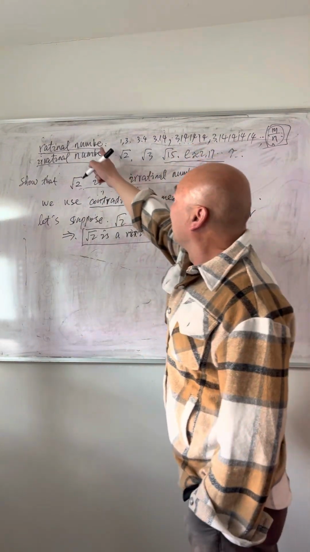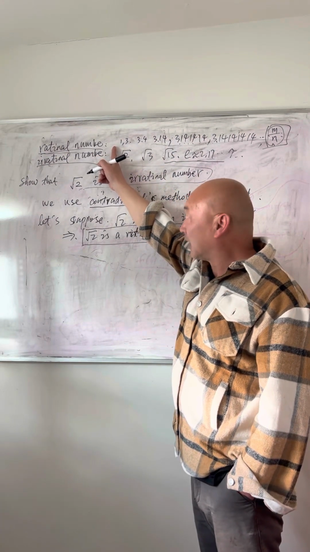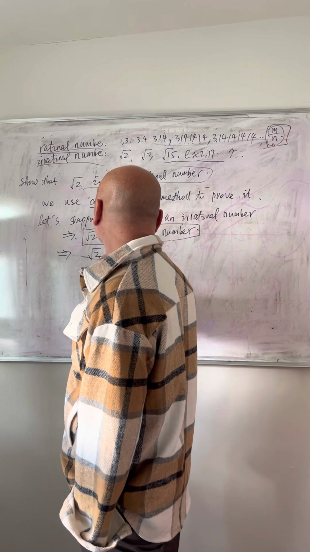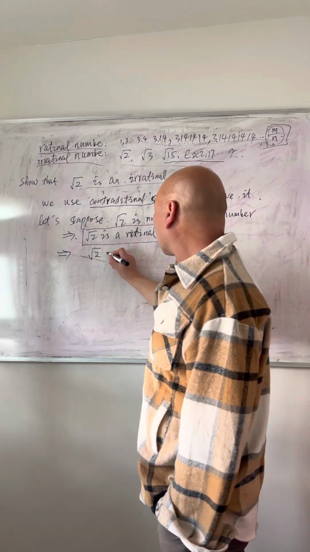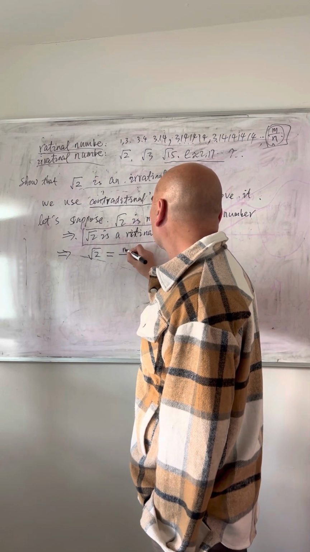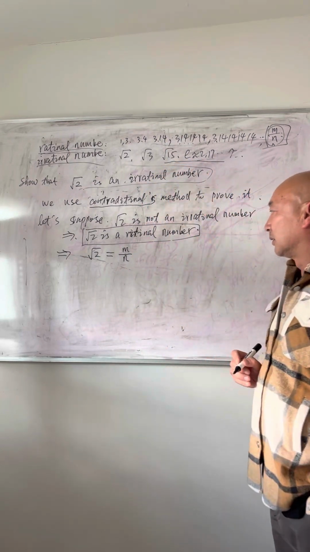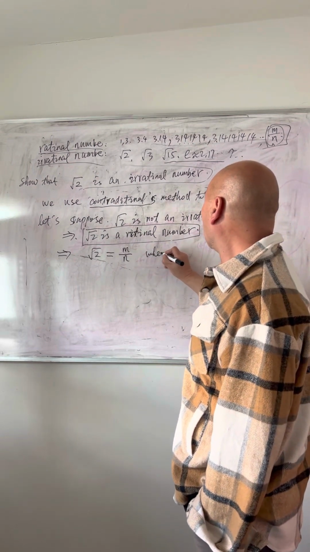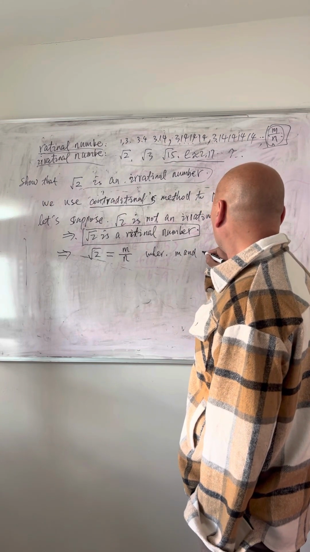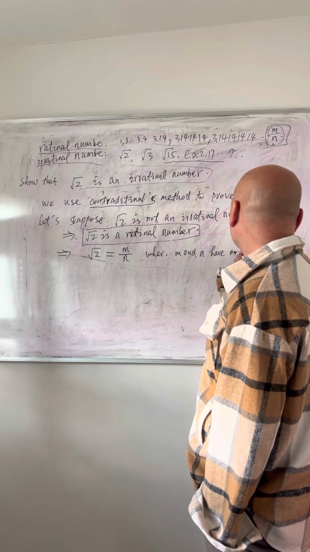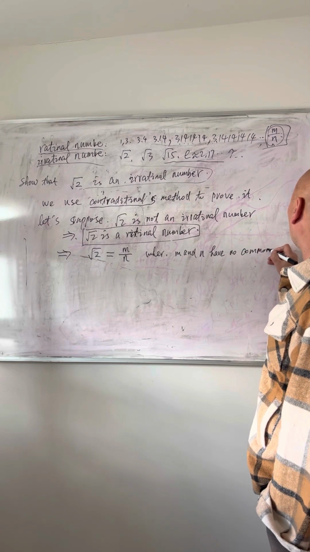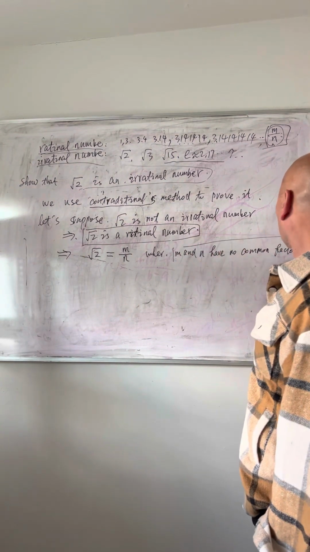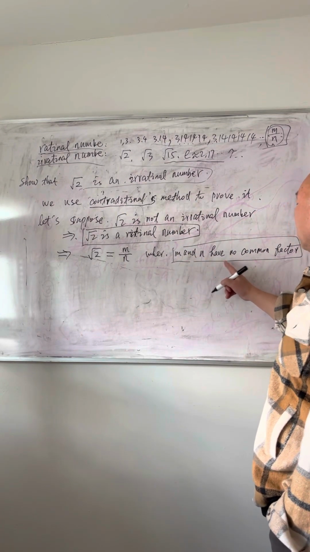That means by the definition, if this is a rational number, then radical 2 can be written as a fraction form, m over n, and also m and n have no common factor, where m and n have no common factor.